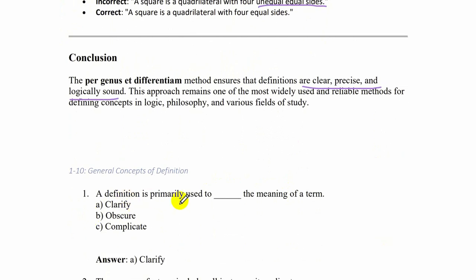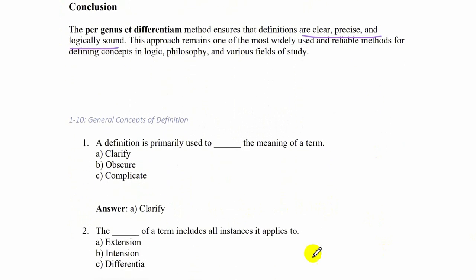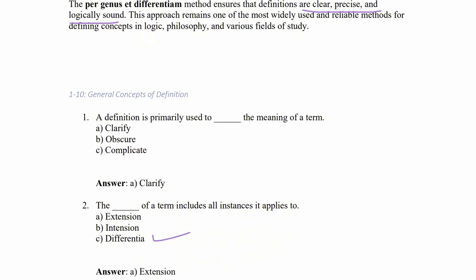A definition is primarily used to clarify the meaning of a term. The dash of a term includes all instances it applies to. The answer is extension.